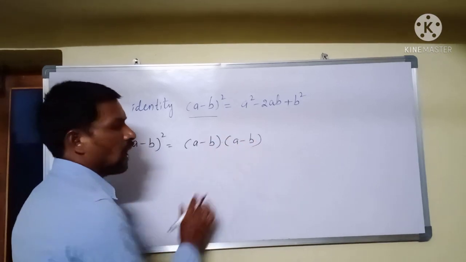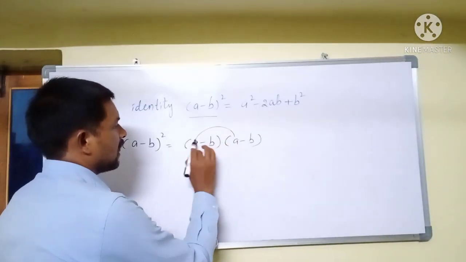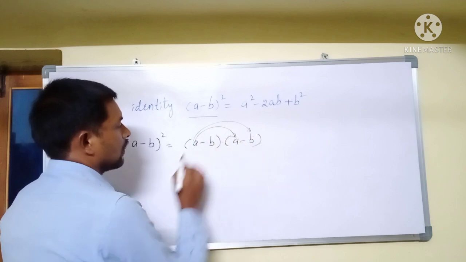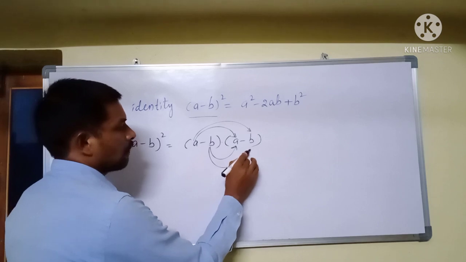These two are binomials. You multiply a with a and a with b. Again you multiply b with a and b with b.